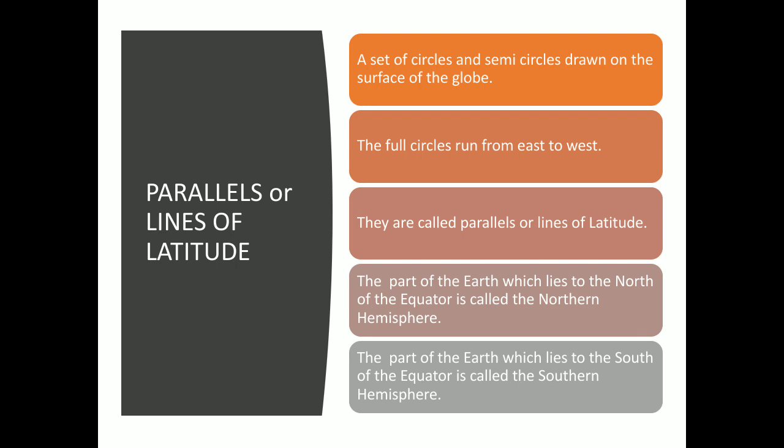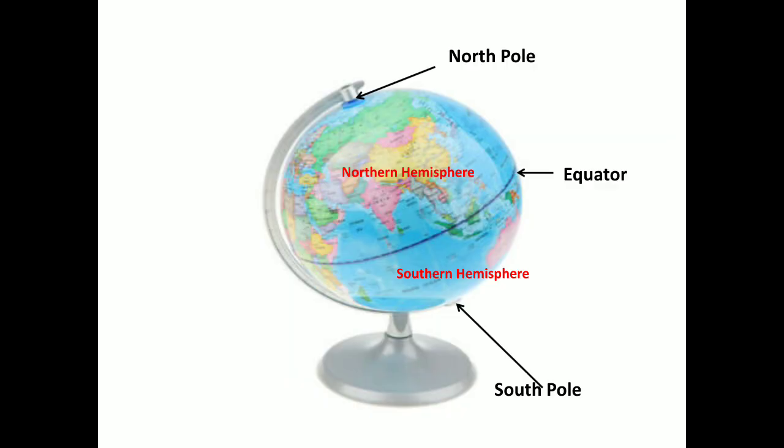Let's know something about the parallels or lines of latitude. A set of circles and semicircles drawn on the surface of the globe are called latitudes. They are full circles which run from east to west. Just have a look at this picture.